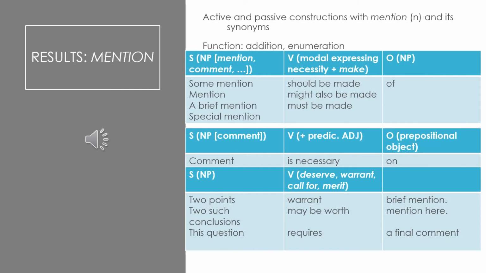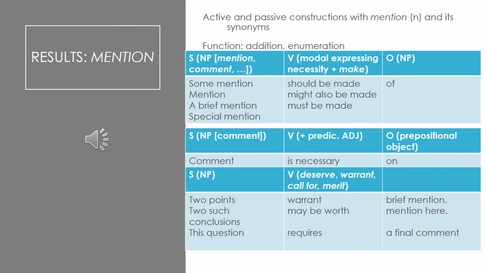So these are the results for mention. What we find is that the phraseological expression we're interested in comes in 3 forms. The first is a subject noun phrase containing mention or perhaps comment. The verb is a modal expressing necessity, so should, might, or must.